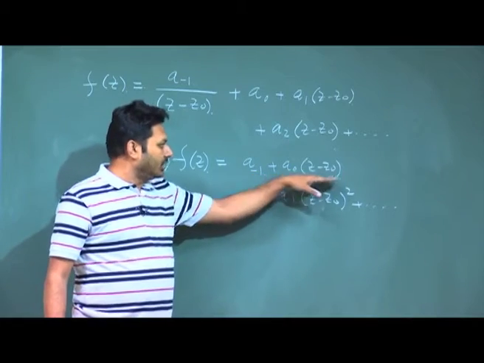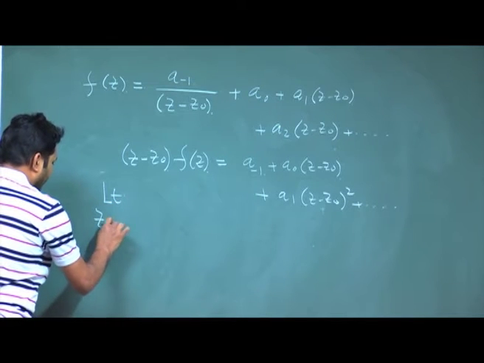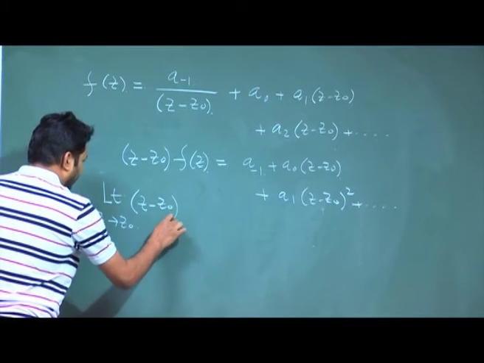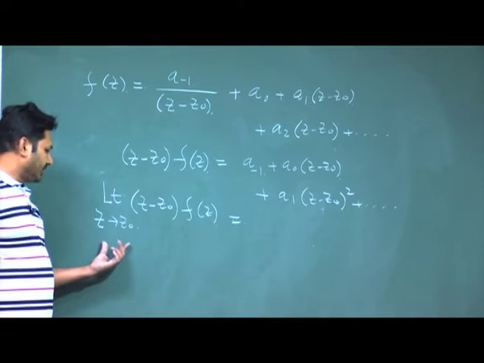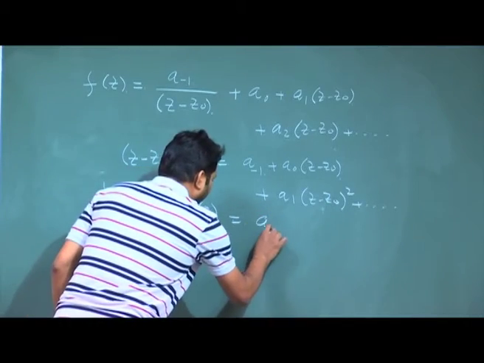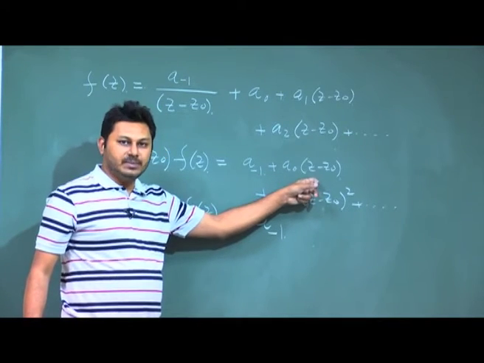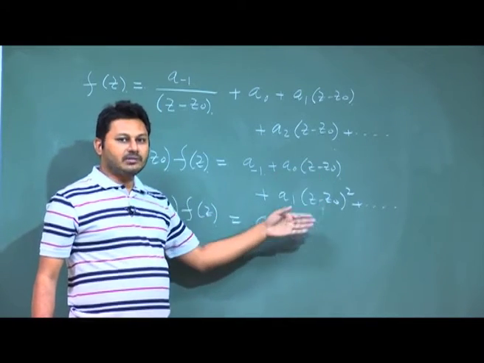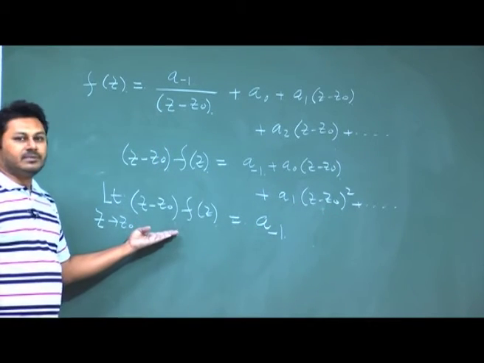In order to make these terms vanish, we need to take the limit z tends to z0 of (z minus z0) f(z). Readily, on the right hand side I will have the a_{-1} term, because there is no problem putting the limit z equal to z0 in the other terms. It is an analytic part and is not blowing up at z equal to z0.